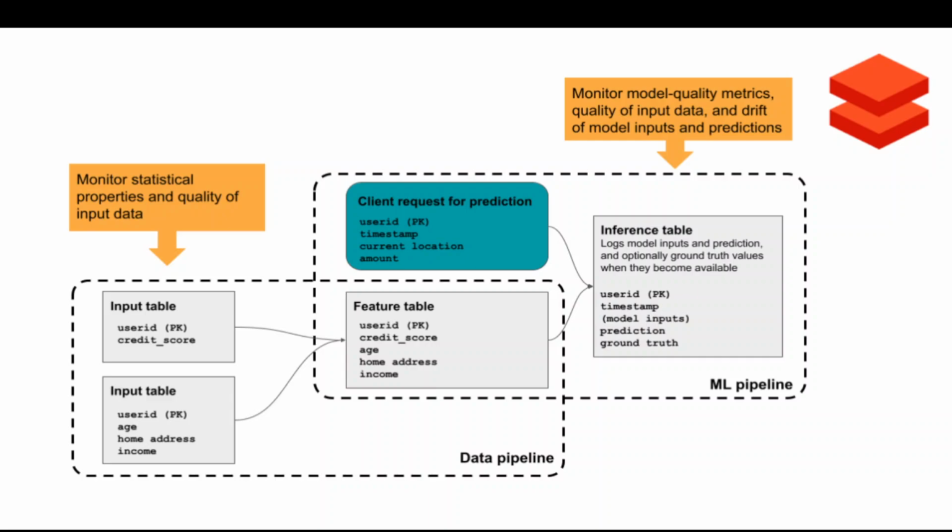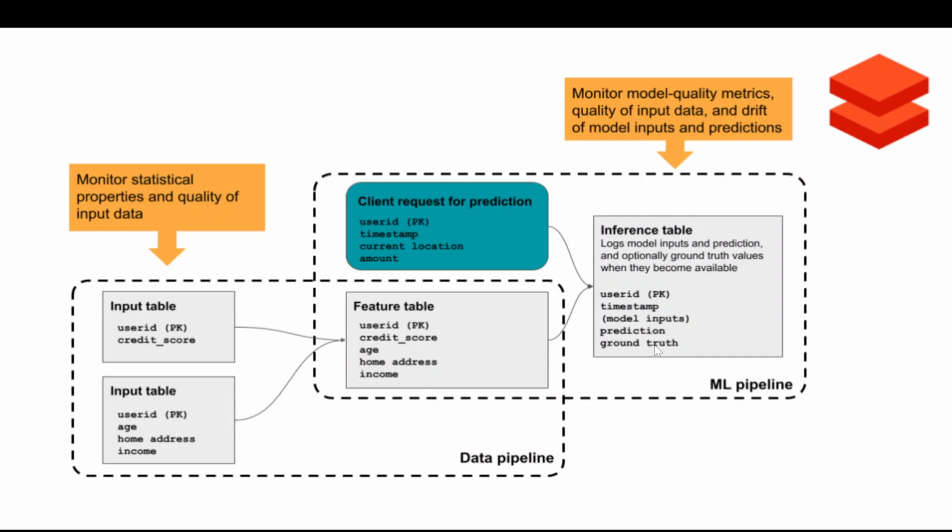But he has not purchased or rejected the product yet, so this is just a prediction. You store the prediction here, but a month or two later, you know whether the person has actually purchased the product or not. That is called your ground truth. So you can store your ground truth in the same table itself.